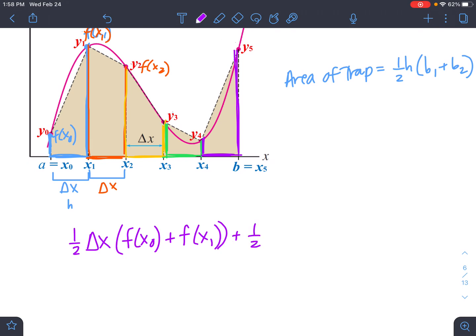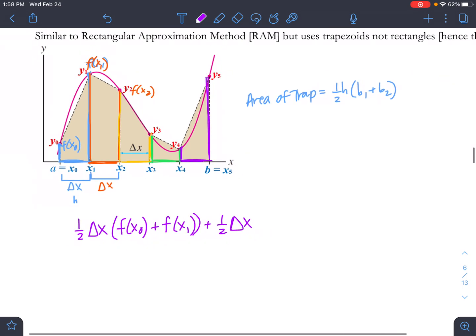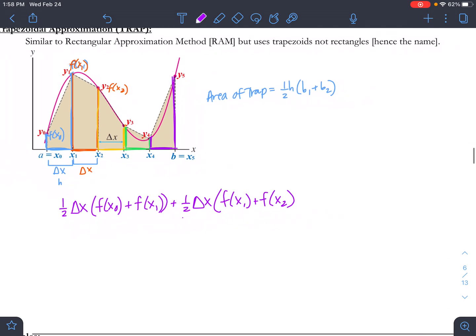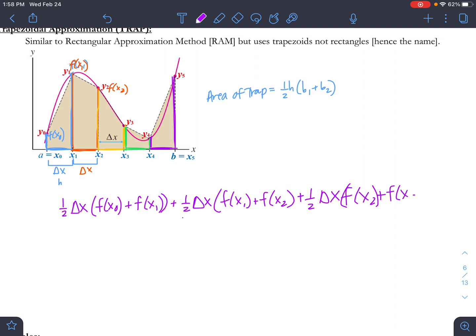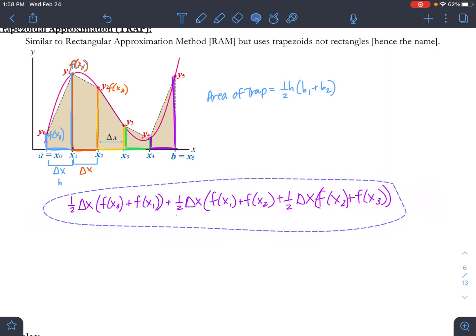Okay, plus 1/2 delta x times base 1 plus base 2, plus 1/2 delta x times base 1 plus base 2, etc. So you'll see how this will keep going. We can finish writing it if you want.